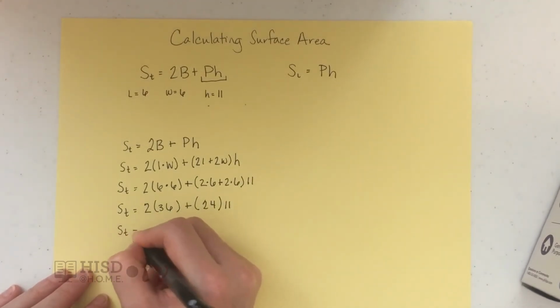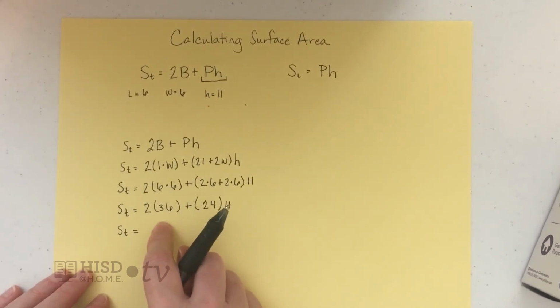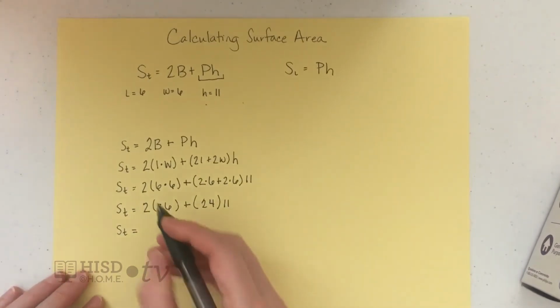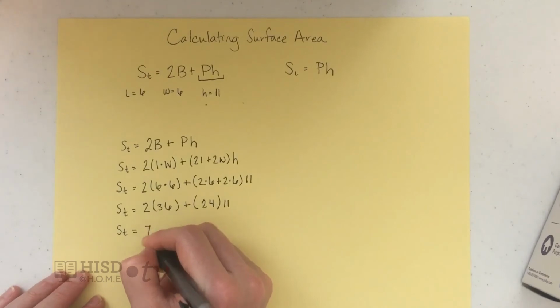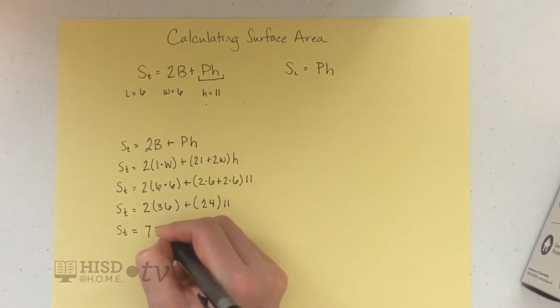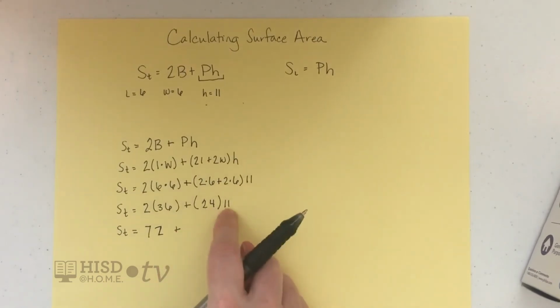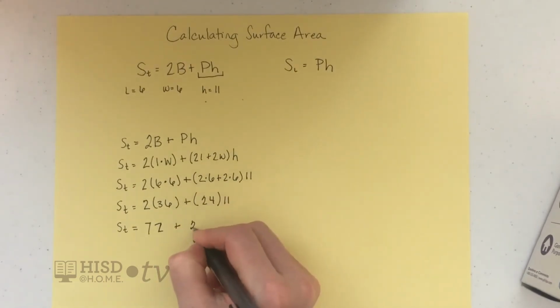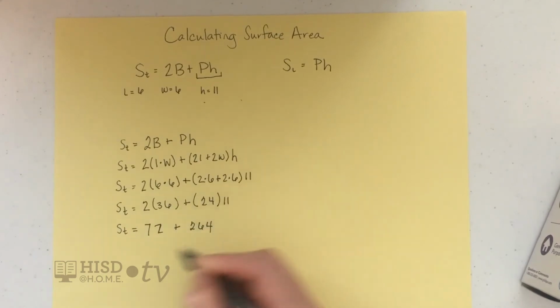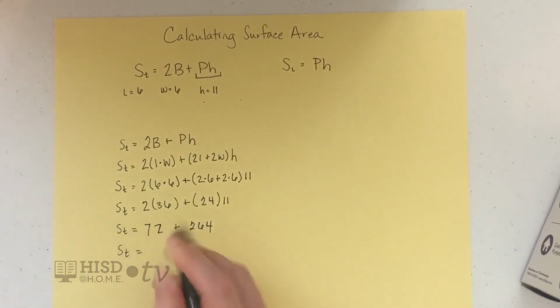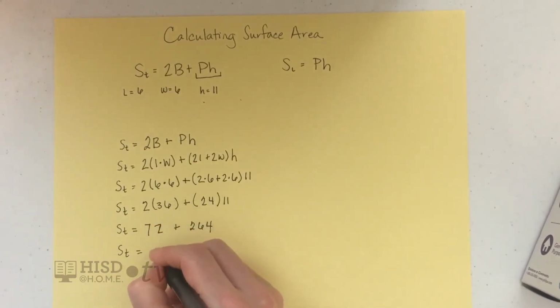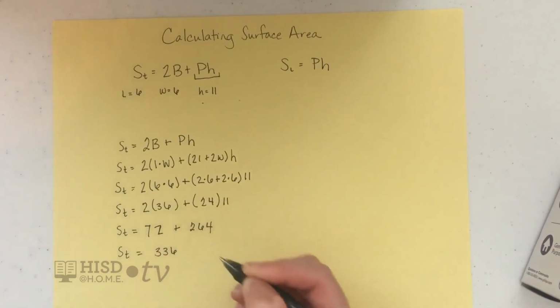So total surface area is 2 times 36, which is 72, plus 24 times 11, which is 264. And finally, I'll add these together for 336.